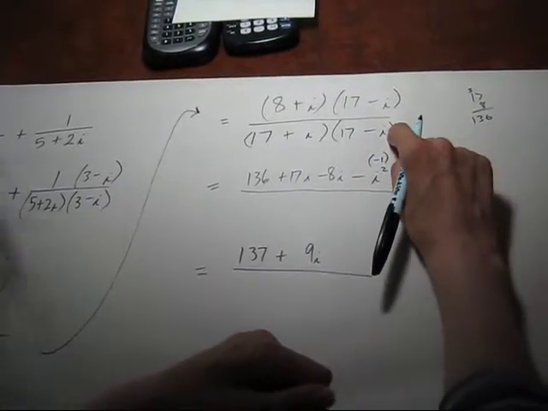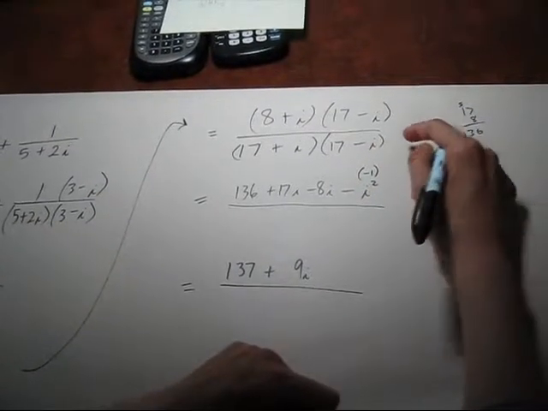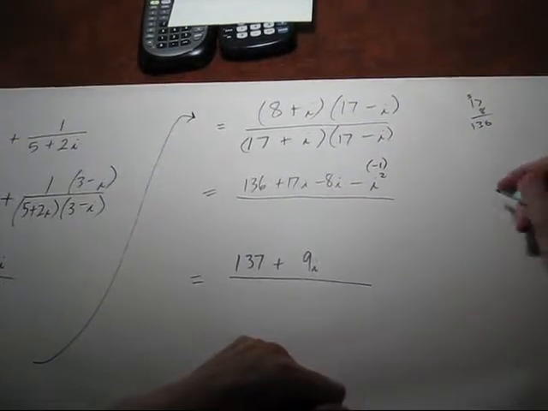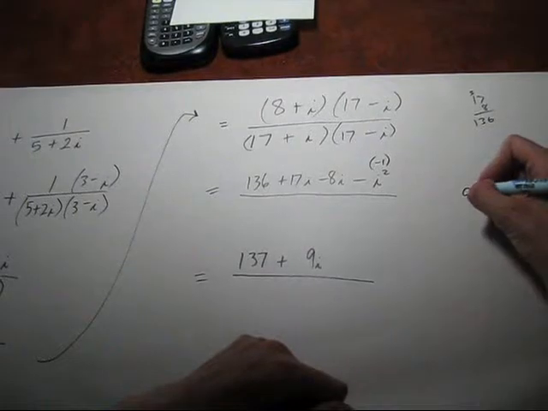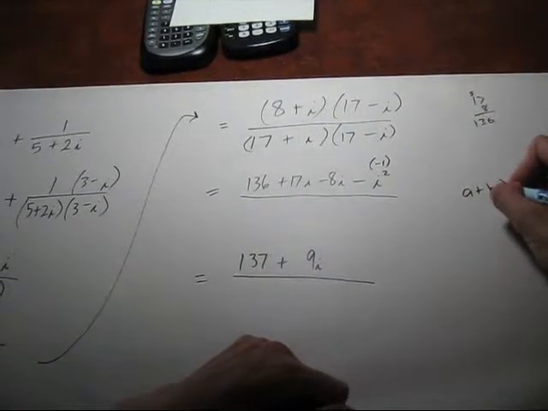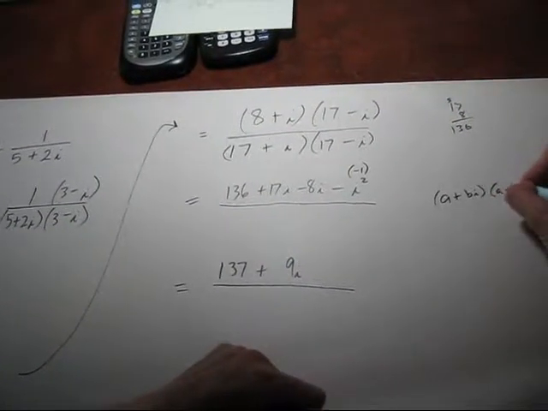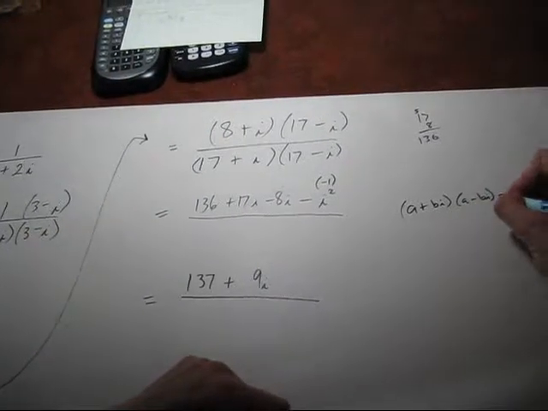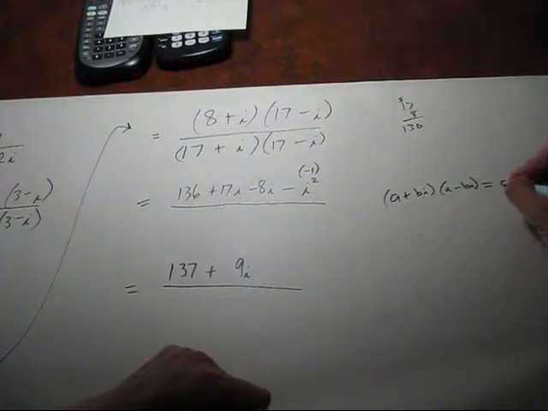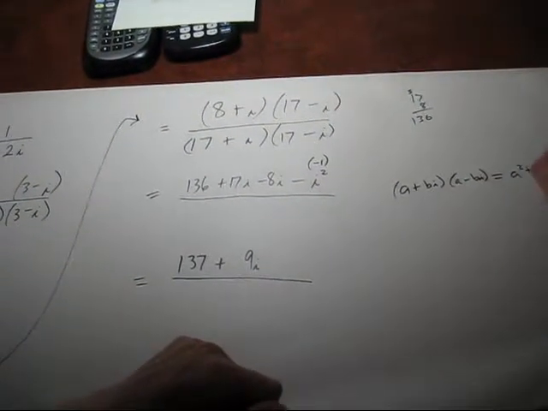Denominator, we could FOIL it, and we could use the shortcut that if you have a plus bi times a minus bi, that's the same as a squared plus b squared.